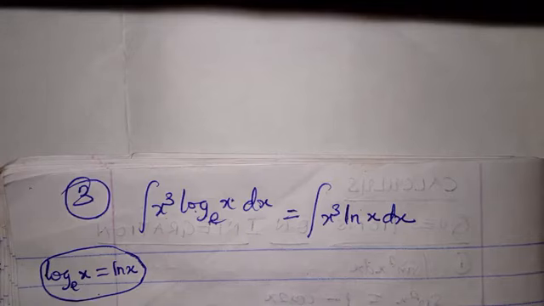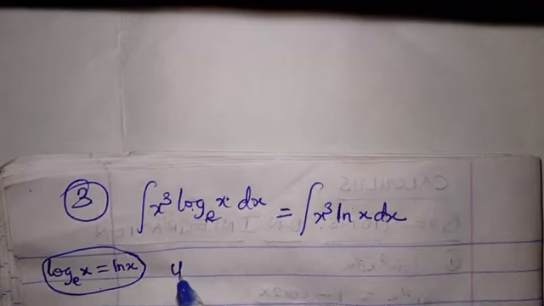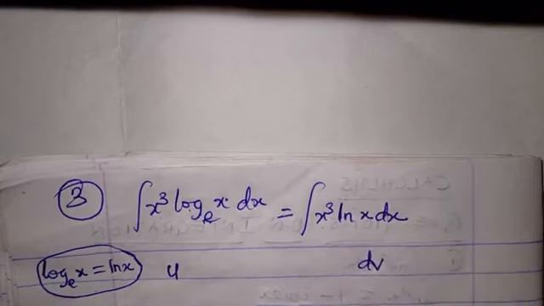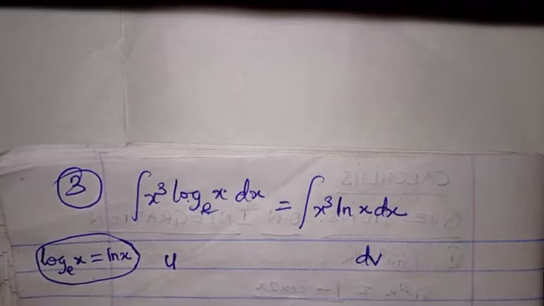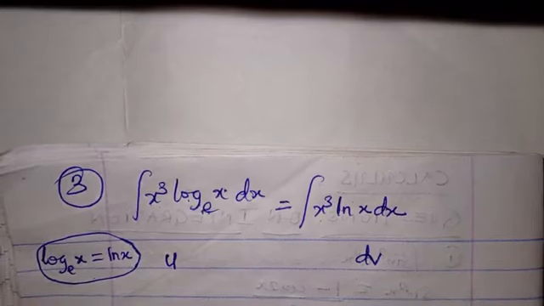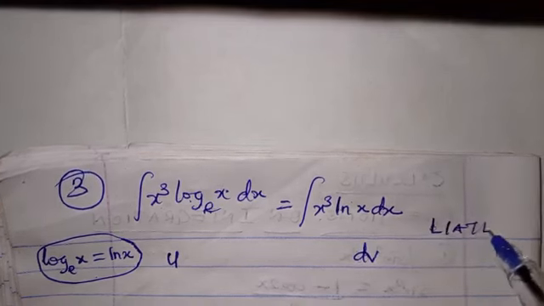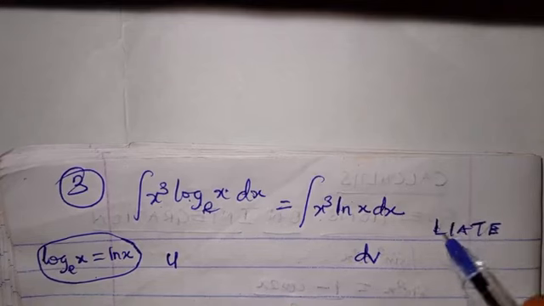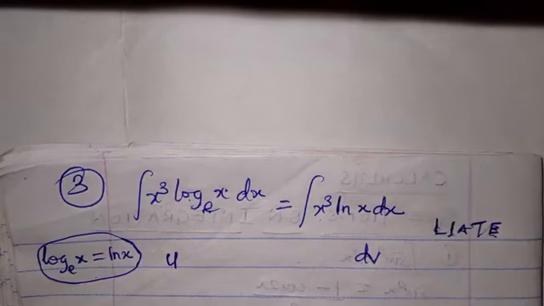Integration by parts is used to evaluate the integral of a product. When integrating by parts, we make two choices: one choice for u and one choice for dv. So what do we choose as u now? There is a mnemonic that I gave that we use to choose for u and dv, and that mnemonic is LIATE: logarithmic, inverse, algebraic, trigonometric, and exponential.